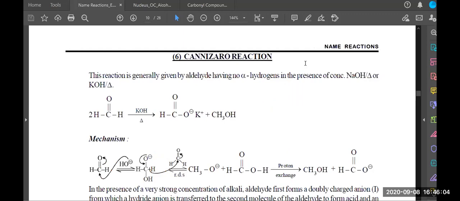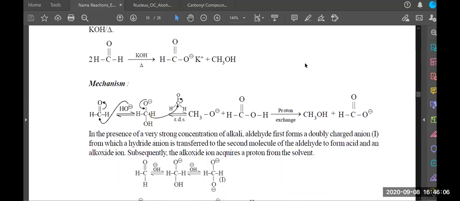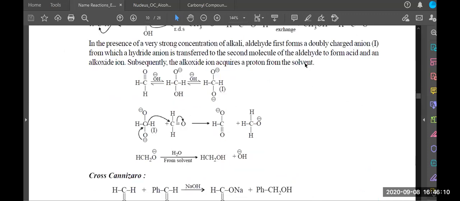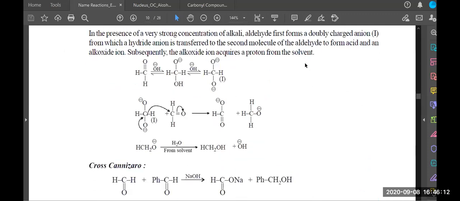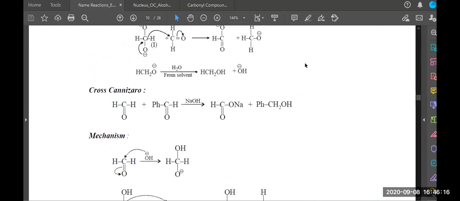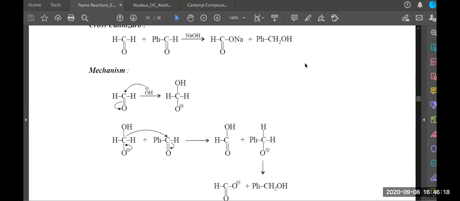So that was the cross Cannizzaro. I hope everyone remembers this. This is a general reaction. Even if we have two different aldehydes or two different ketones, your carboxylic acid will come from that substrate which is less hindered. Okay, right, everyone?